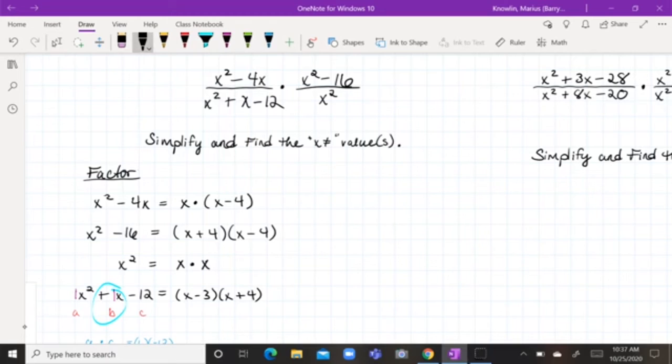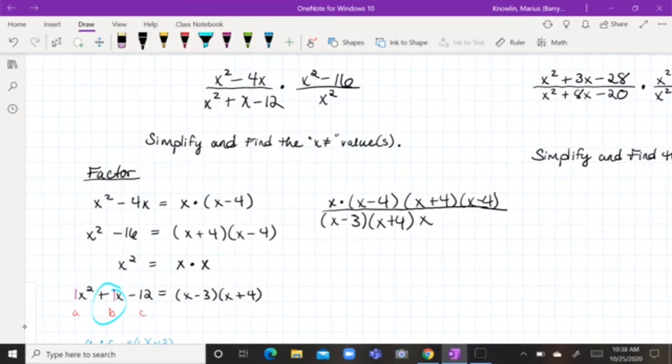So the first numerator was x times x minus 4, and then the denominator is going to be x minus 3 times x plus 4. And really we can stretch this whole thing out and continue the numerator on the other side. We had x plus 4, x minus 4. Stretch that out. And then the other denominator was just times x times x.